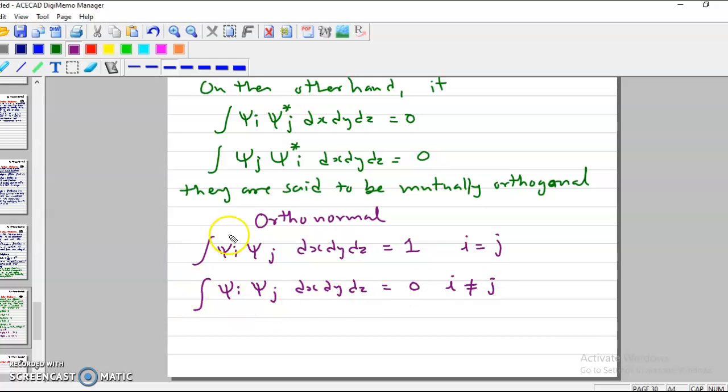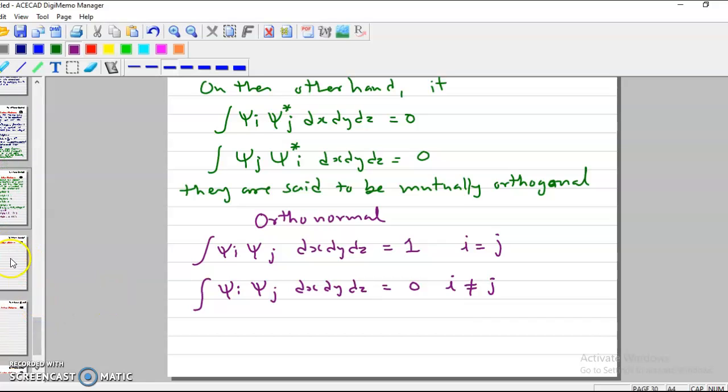Then these functions are known as orthonormal. So equal to 1 is the condition for normalized and equal to 0 is the condition for orthogonal. Okay, so this is the case for normalized and orthogonal wave functions.